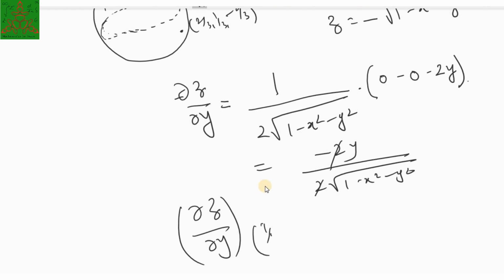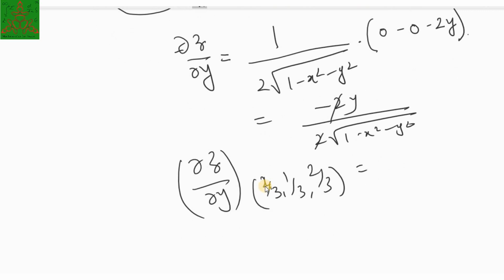(2/3, 1/3, 2/3). If you substitute, that will be -1/3 upon the square root of 1 minus x², that is 4/9, minus y², that is 1/9.